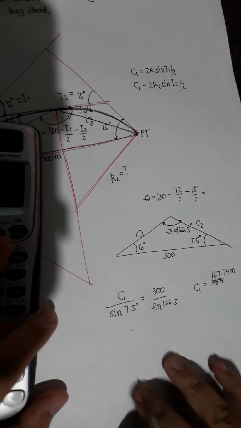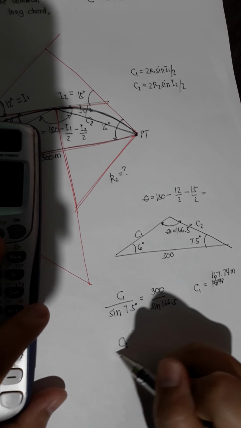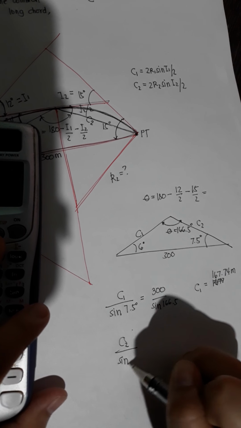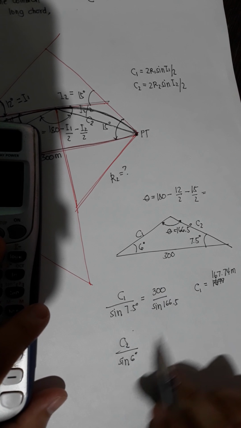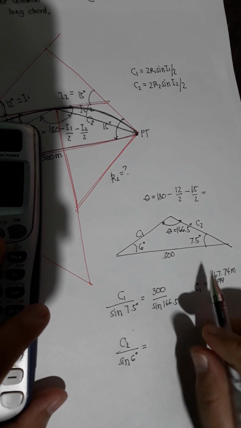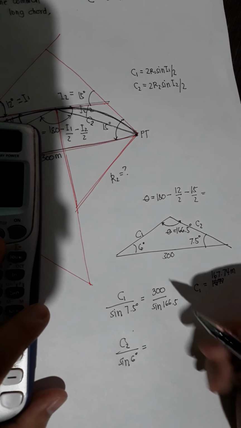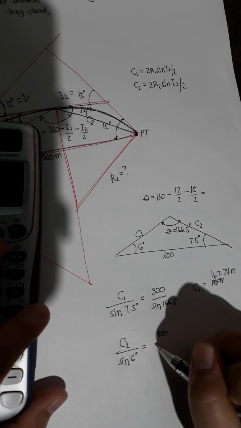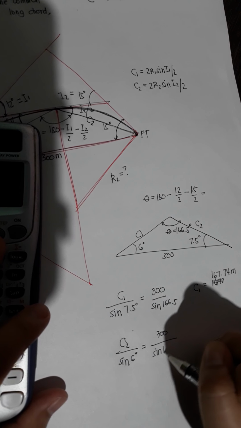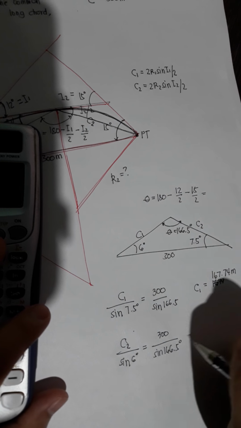And of course, for C2, we have over sine of 6 degrees. By the way, this is the sine law. So C2's opposite angle is 6 degrees, then we have 300 over sine 166.5.